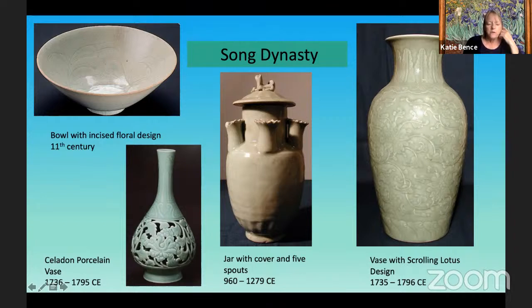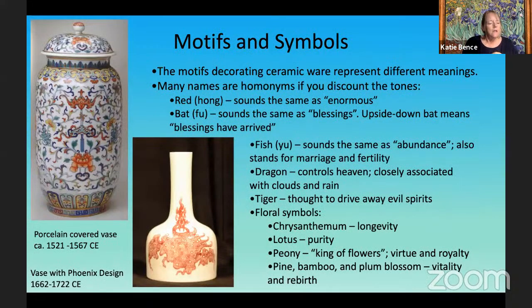Other decorative carving techniques include the relief decoration created by not carving the motif, but carving away the background, as seen in this vase on the right, or the openwork where the entire background around the motif is removed, creating this lace-like appearance.